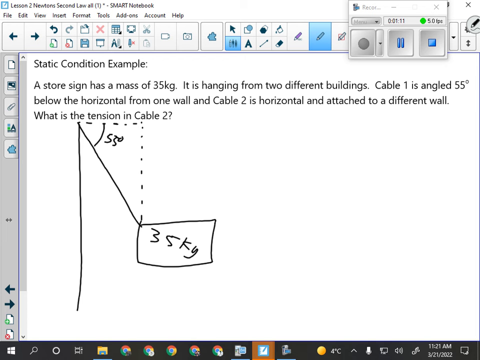And the other one is horizontal. So this is cable 1, and then this is cable 2. Okay, so that's our situation. We're trying to find the tension in cable 2.